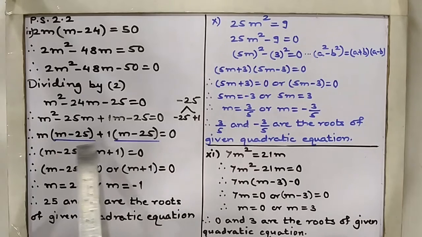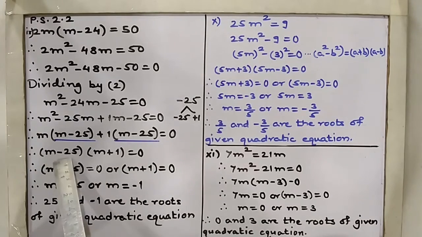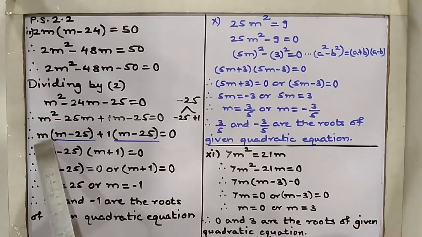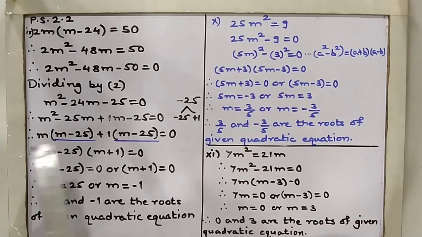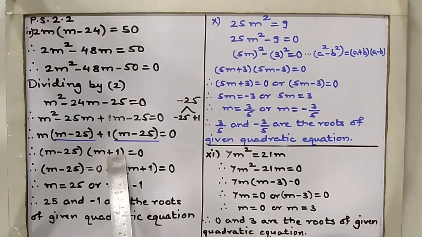See, we have underlined it. हम m minus 25 को कॉमन ले सकते हैं, तो ब्रैकेट के अंदर क्या बचेगा? ये टर्म से आपने m minus 25 को कॉमन लिया है, so over here you will get m. And from this term also you have taken m minus 25 common, so over here you will get plus 1.